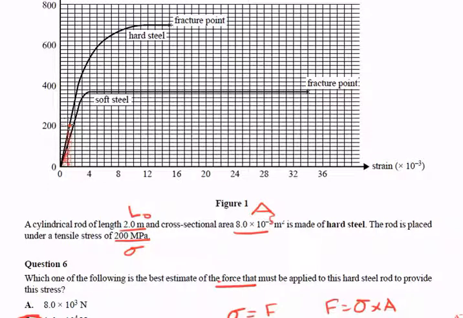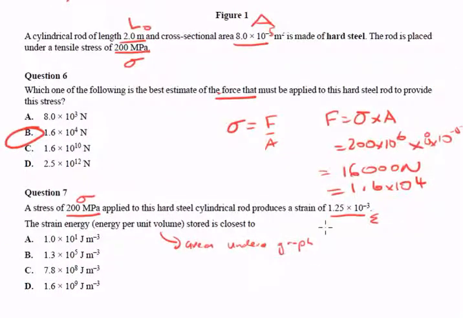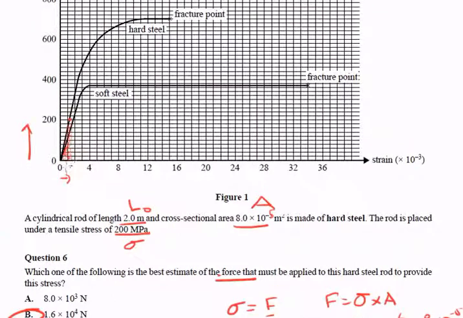But what shape is that? Well, this goes straight up, and then the shape under there is going to be a triangle. So it goes up to 200, and it goes across to 1.25, is what they gave, I think. Yeah. So I'm just going to do it, it's a triangle. That equals half base times height. Half times the base, which is this one here, 1.25 by 10 to the minus 3.